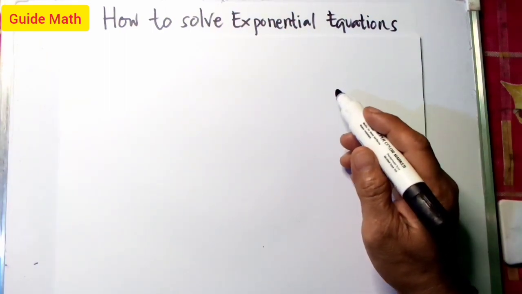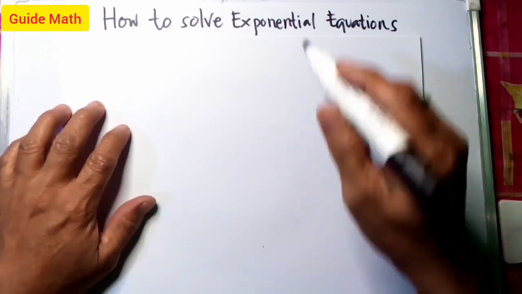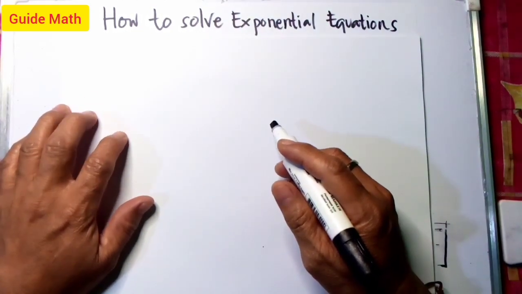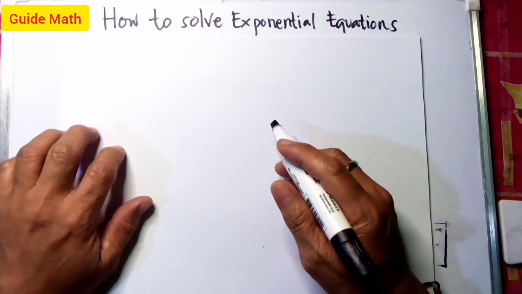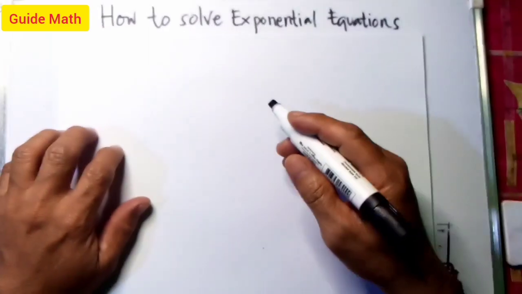Okay? So, ano ba talaga itong exponential equations? So, pag sinabi natin exponential equations, those are the equations in which variables occur as exponents. Kapag naging exponents siya, exponential equation yon may yung equal sign.